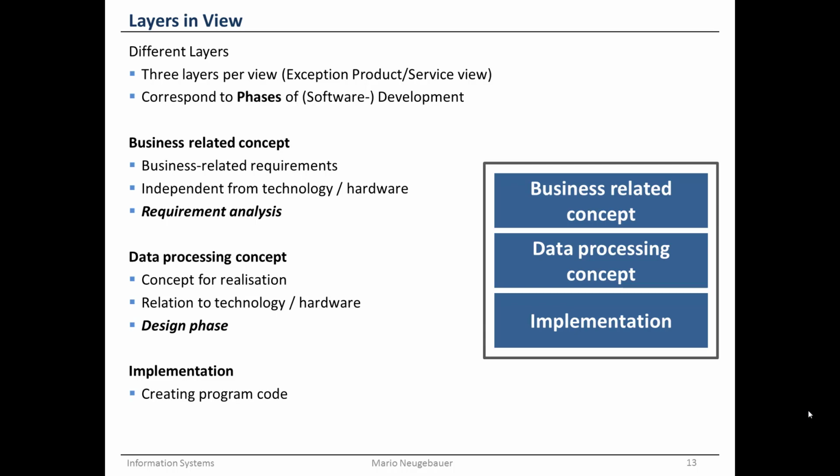They're the stakeholders in this layer. And then the results are given into the hands of the computer science people, the software developers, and they then create the following layers: the data processing concept and the implementation.